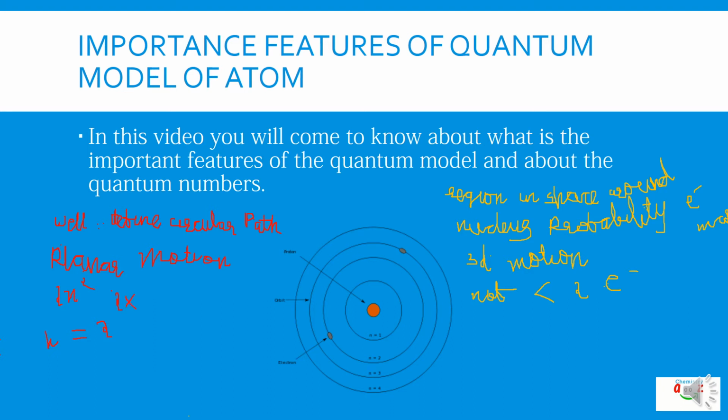Here in place of n, we put 2 square. Here n is the principal quantum number. Its value is 1 to infinity and it is a positive integer. So 2 into 2 square is equal to 8. So for the principal quantum number 2, a maximum of 8 electrons can be accommodated in this orbit.